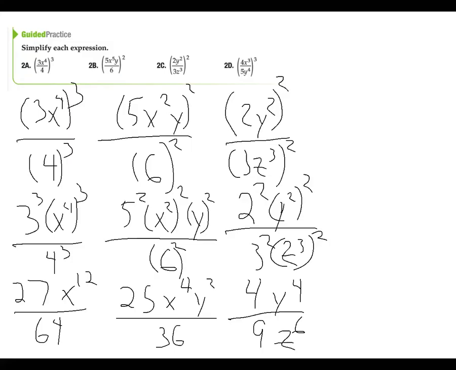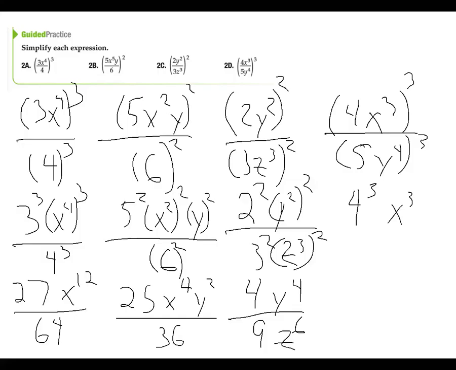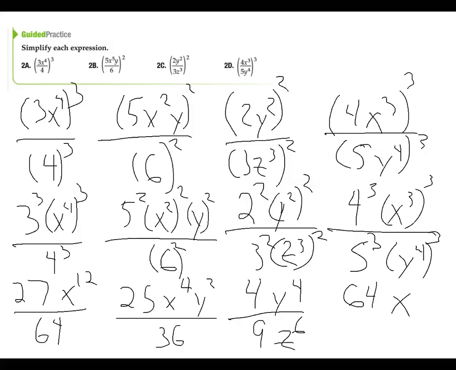Okay, and then the last one, you have 4x cubed cubed over 5y to the 4th cubed, which would be 4 cubed x cubed cubed over 5 cubed y to the 4th cubed. So that'd be 64x to the 9th over 125 y to the 12th.